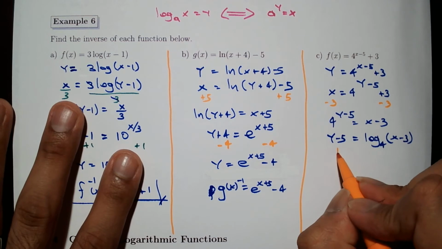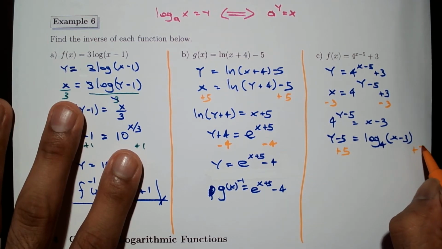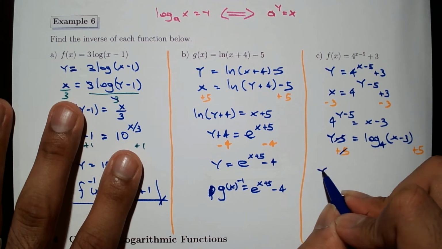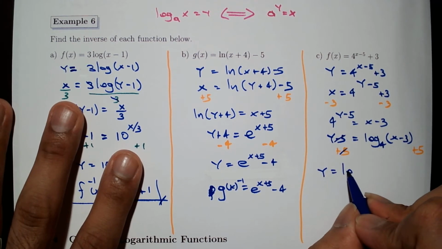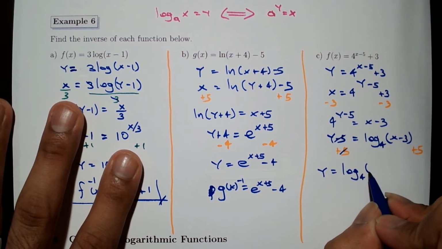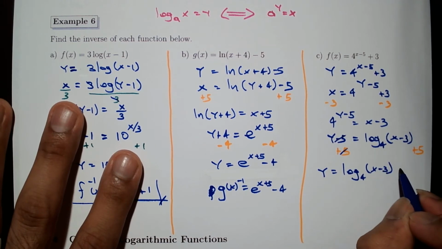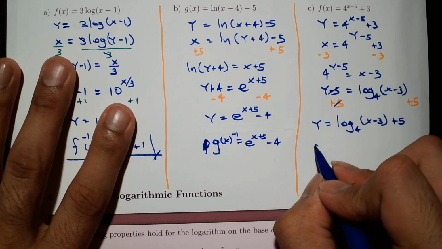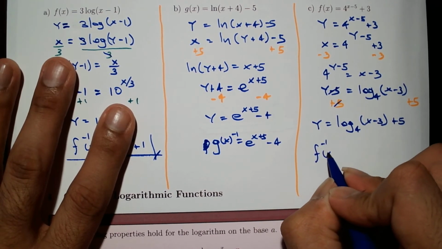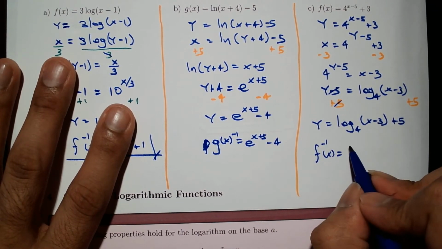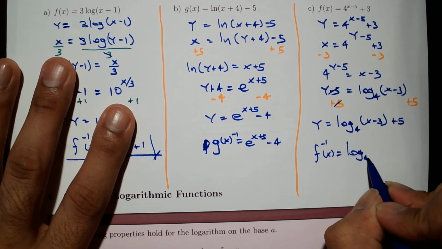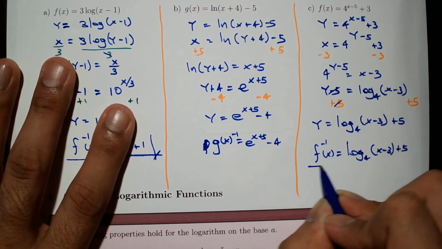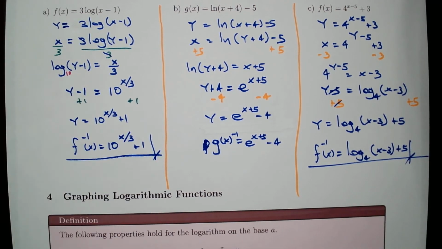So all we do is add 5 to both sides, and y equals log base 4 of x minus 3 plus 5, which is f inverse in function notation. And this is the final answer for this one.